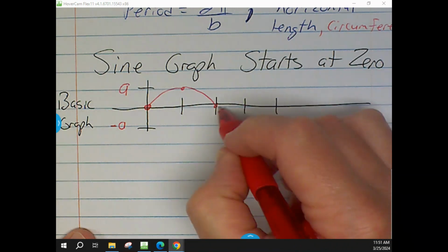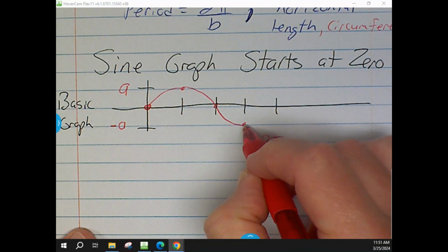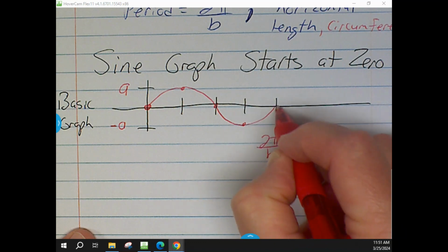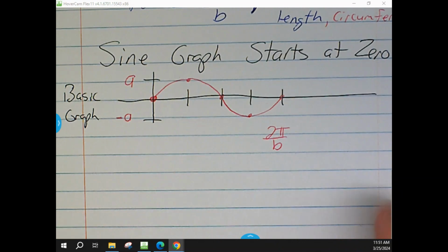If we go to 270, the sine value is going to be -1. And then eventually it's going to bring us back to 0. So every single sine graph will look something kind of like that.